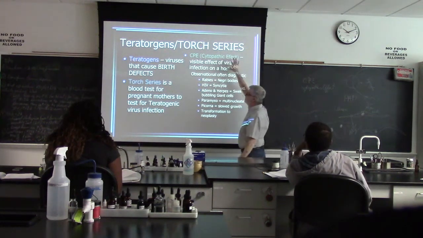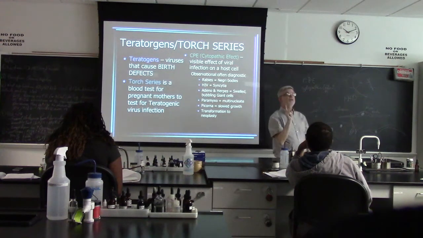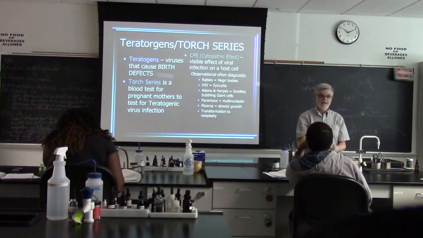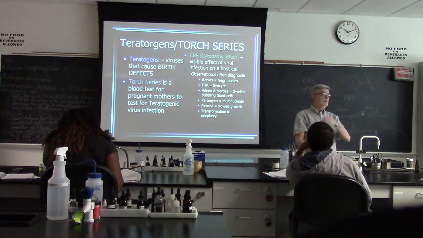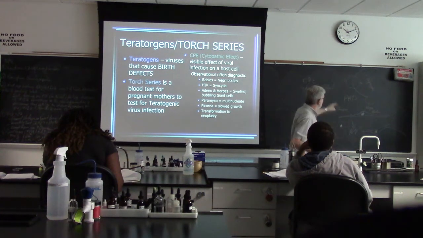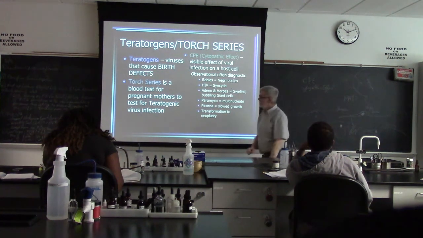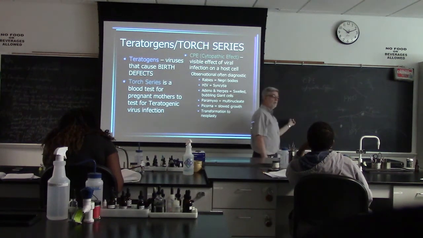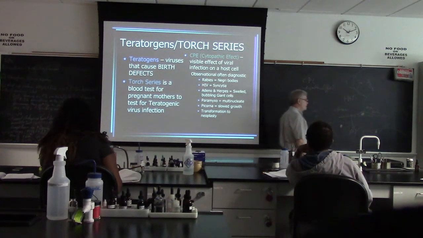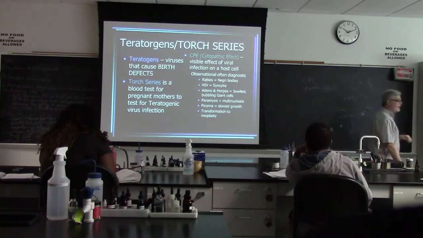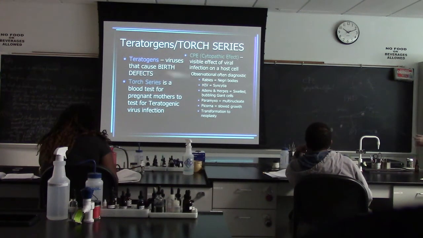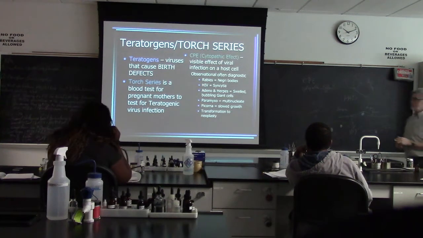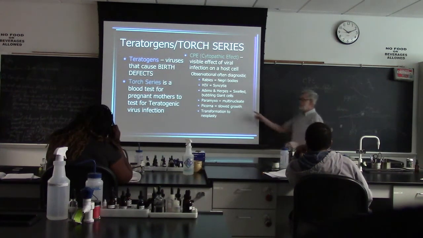So remember, what is CPE? A visible change in a host cell indicating a specific virus has infected it. What is CPE for HIV? Syncytia formation, this huge balloon. What is it for herpes? Epithelial cells that seem to bubble and froth up. What is it for HPV? Giant multinucleate cells. And of course, polio.